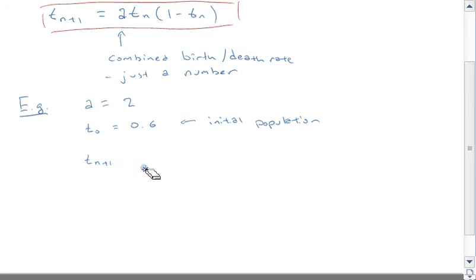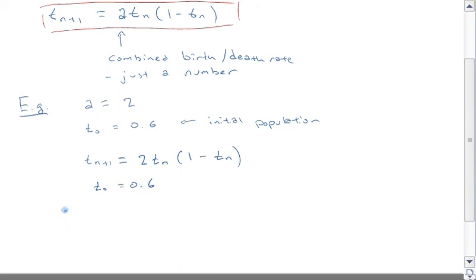Tn plus 1 is equal to, well, a here we said is 2, so it is equal to 2 times Tn times 1 minus Tn. Okay, and we said that T0 is equal to 0.6.